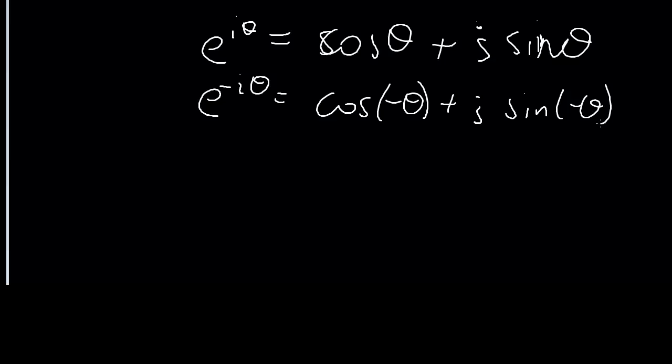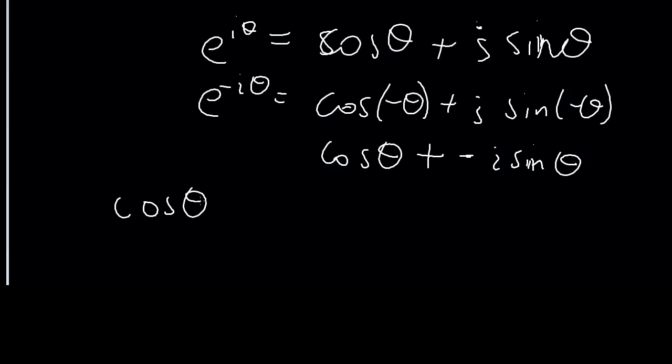But knowing, of course, cosine of theta is equal to cosine of negative theta, being an even function, and sine being an odd function, sine of negative theta is negative sine theta. Using these, we can combine them to give us cosine of theta.